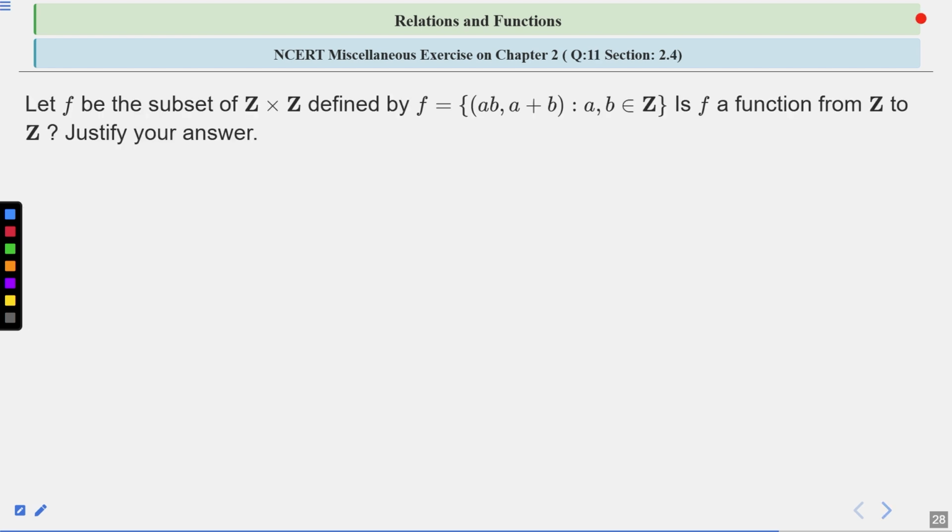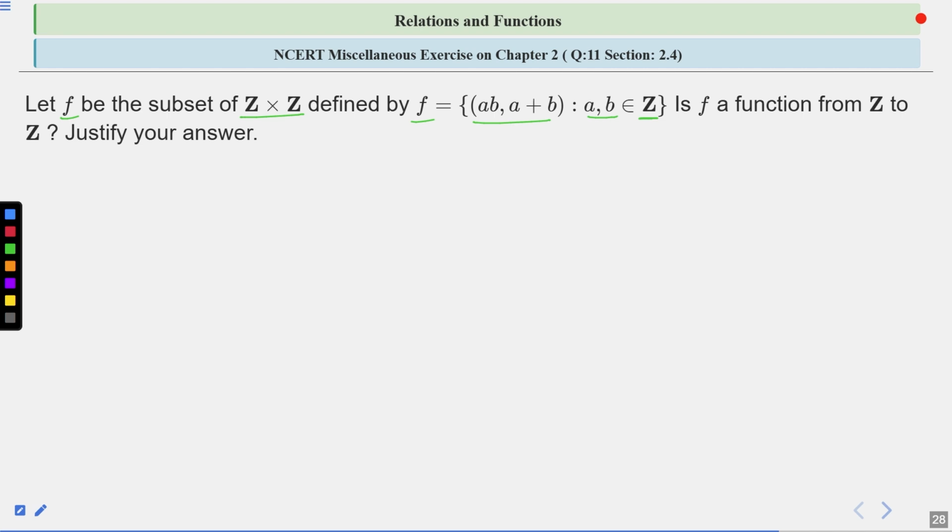Now this question. F, which is a subset of Z cross Z, meaning the Cartesian product of the set of integers with the set of integers, is defined by the collection of all ordered pairs (ab, a plus b), where a and b both belong to the set of integers.